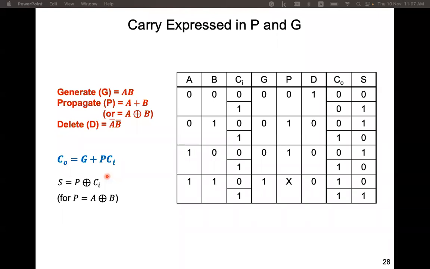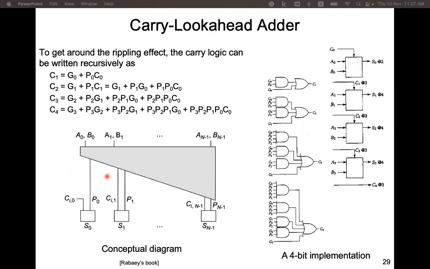The next type of fast adder is called the carry look ahead adder. The aim is also to get around the rippling effect of the carry, so-called to look ahead of the carry. Now, the carry logic can be written recursively as below.